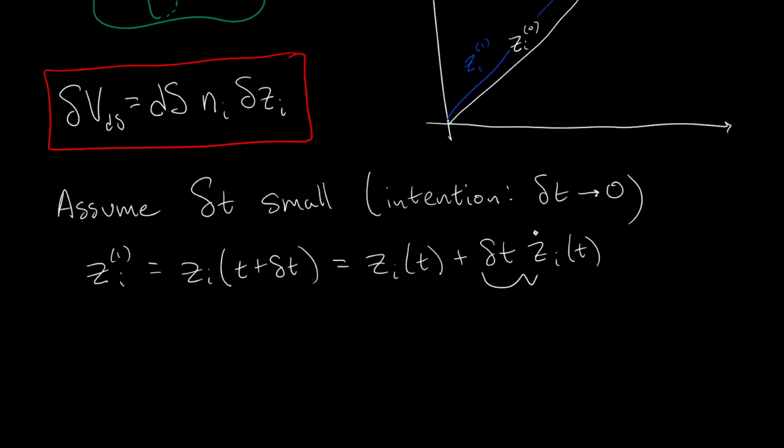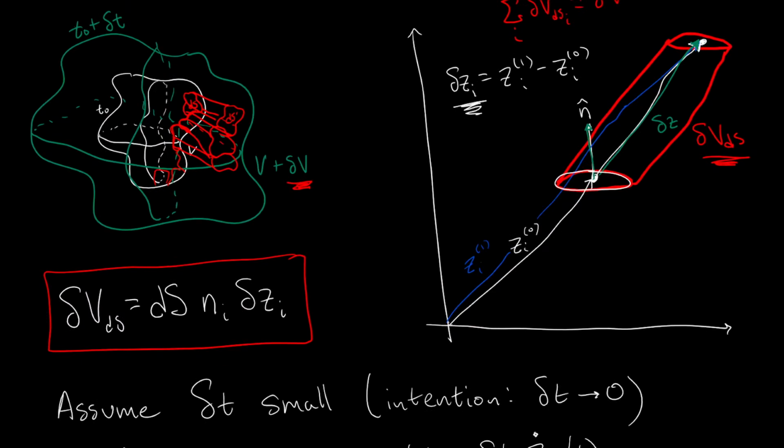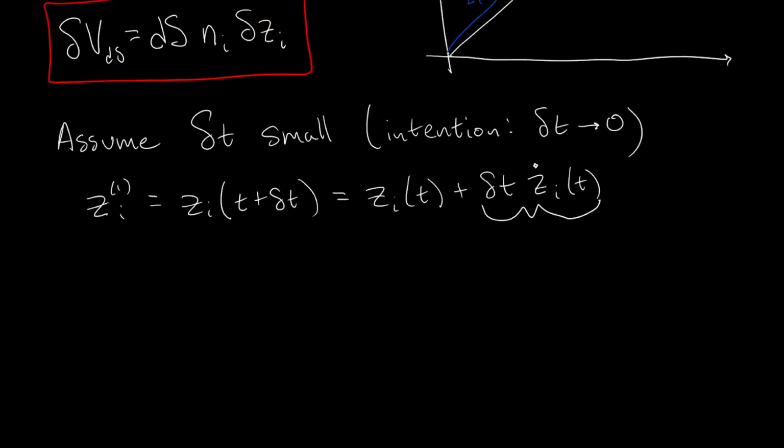So you can see that the change in this vector z, and we're only concerned about the change here, is this. So this is going to give me delta z_i, assuming that delta t is small.